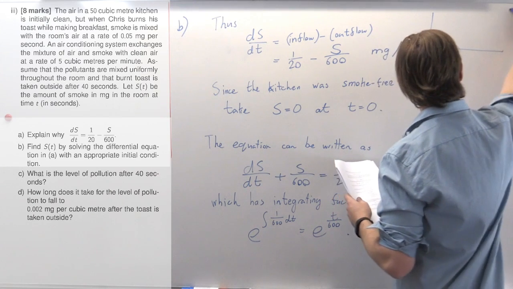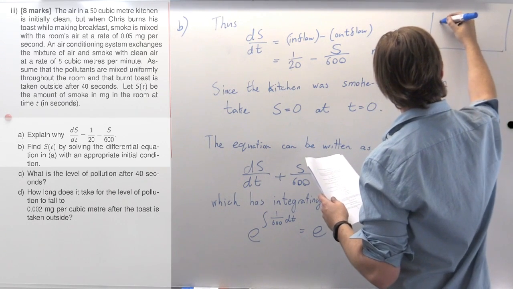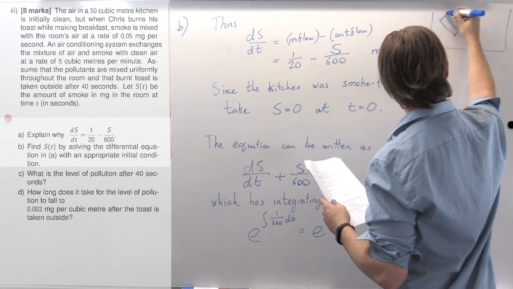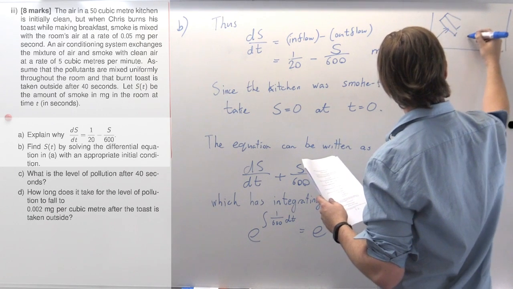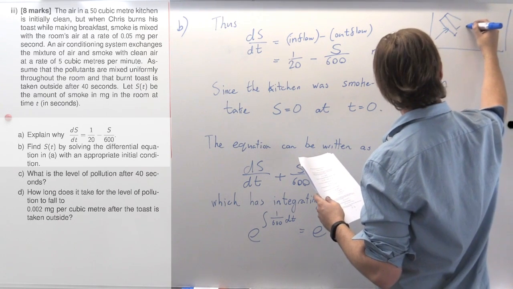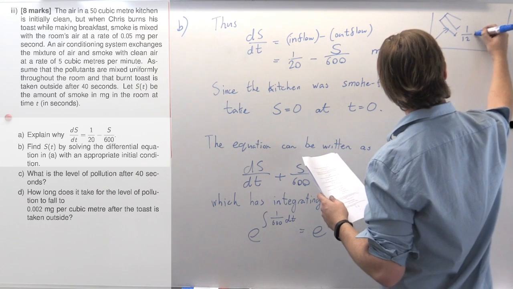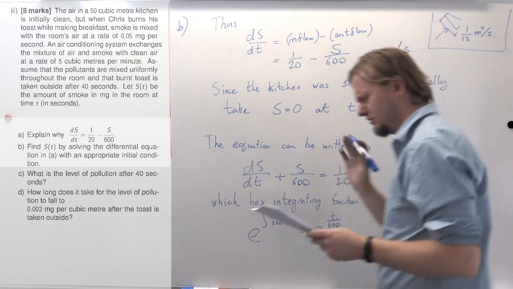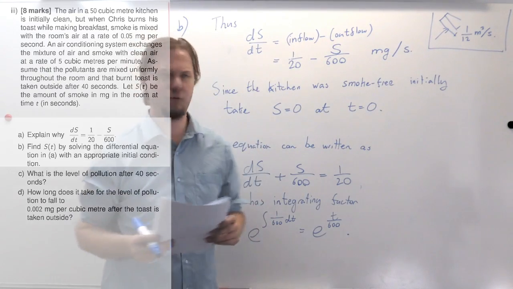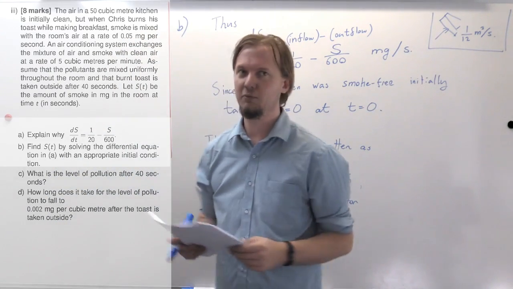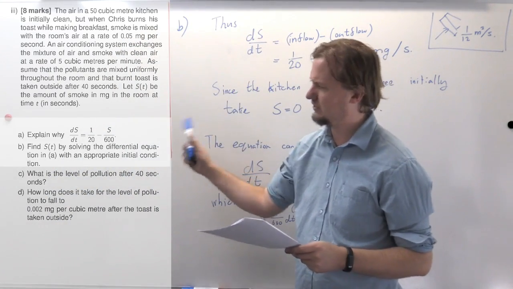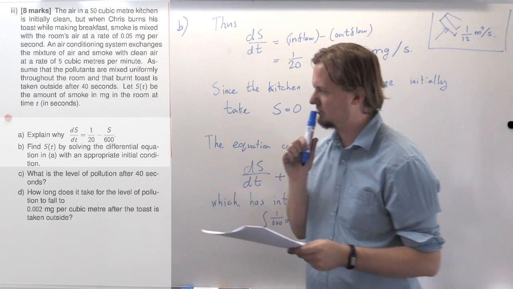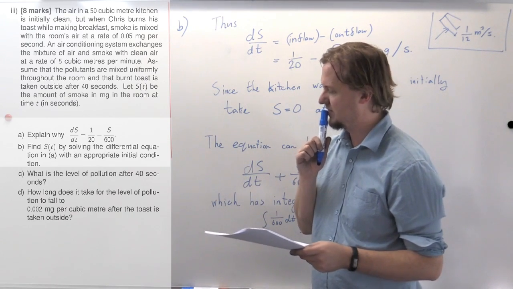That the air conditioner, so if you imagine the air conditioner sucking the air out, it was 1 over 12 meters cubed per second. This is one of the reasons we actually gave you the equation to begin with, because there was a high chance, like me, you may have made a mistake if you didn't know the answer.